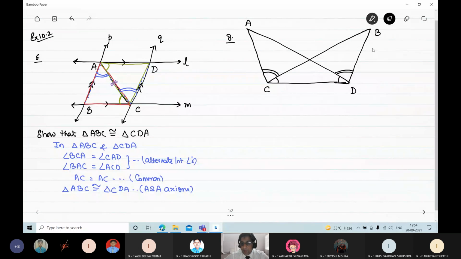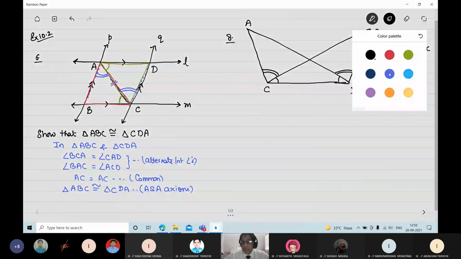There are three things that we have to prove. The first part is that triangle ACD is congruent to triangle BDC. The second part is BC is equal to AD, and the third part is that angle A is equal to angle B.